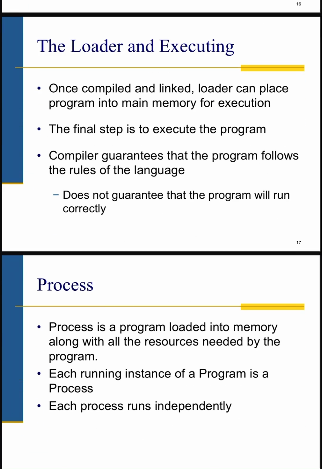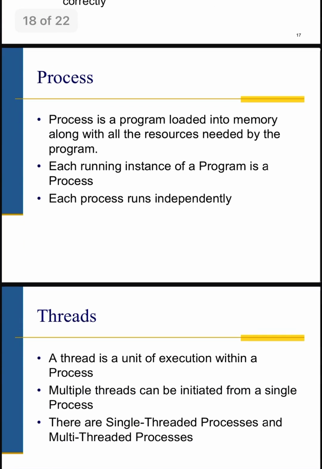Then process. A process is a program loaded into memory along with all the resources needed by the program, and each running instance of a program is a process, and each process runs independently.